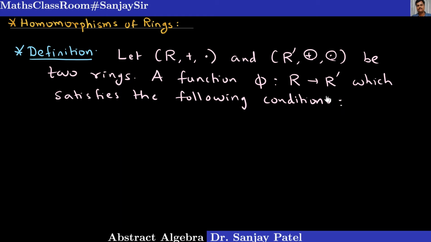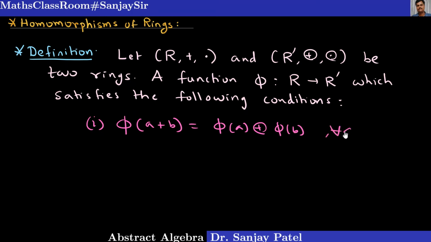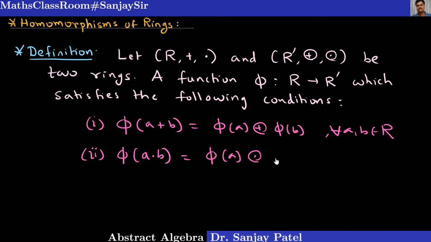The two conditions are: the first condition is φ(a + b) = φ(a) ⊕ φ(b), which is true for every a and b belonging to R. And φ(a · b) = φ(a) ⊙ φ(b) for every a and b belonging to R. So if a function or a mapping from R to R', from one ring to another ring, satisfies these two conditions, then this mapping is said to be a homomorphism.